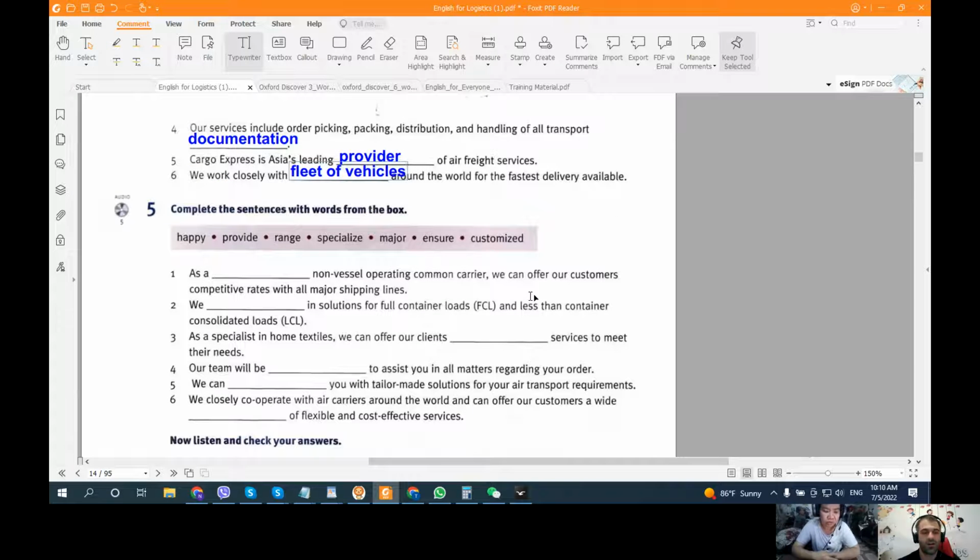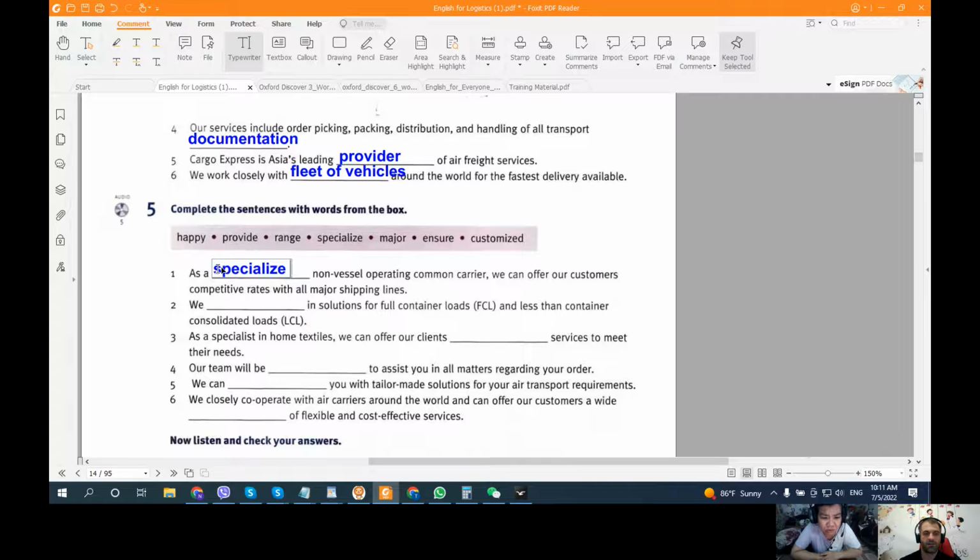Okay, very nice. Now we have here complete the sentences with the words from the box. Can you please read sentence number 1? As a non-vessel operating common carrier, we can offer our customers competitive rates with all major shipping lines.